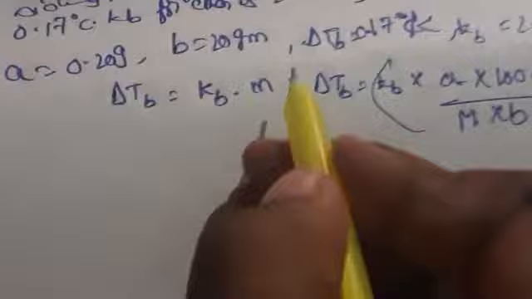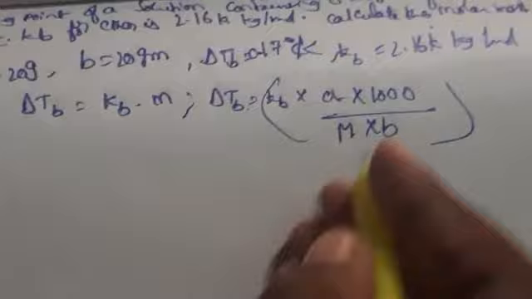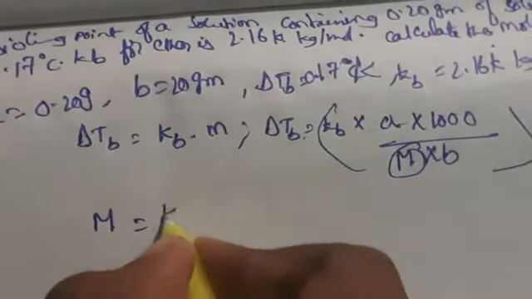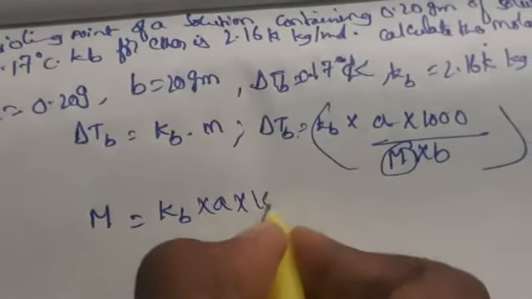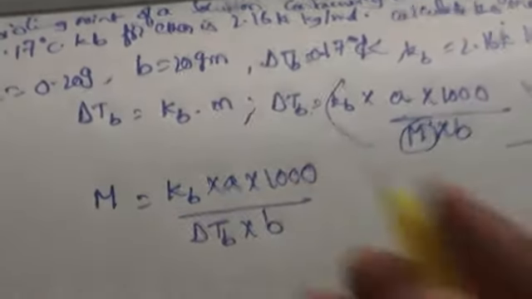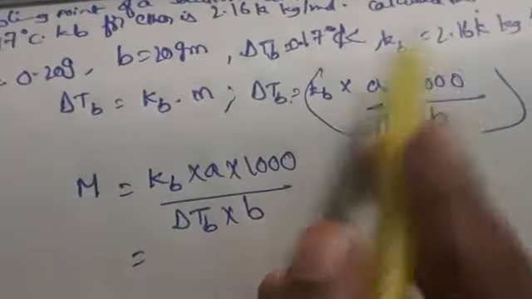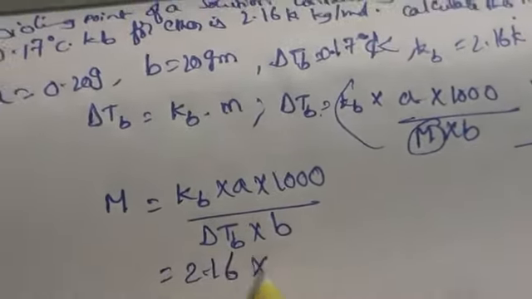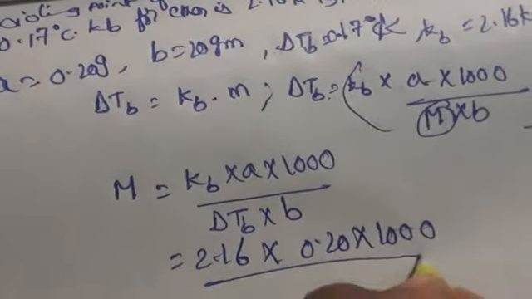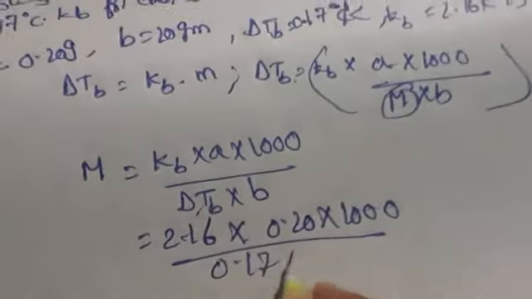So M is equal to Kb into A into 1000 by delta Tb into B. If we substitute all these values, Kb is 2.16, A value 0.20, into 1000, divided by delta Tb 0.17, B value 20.